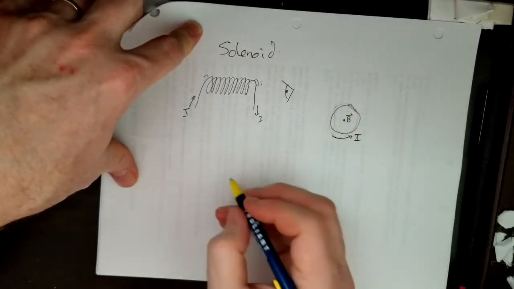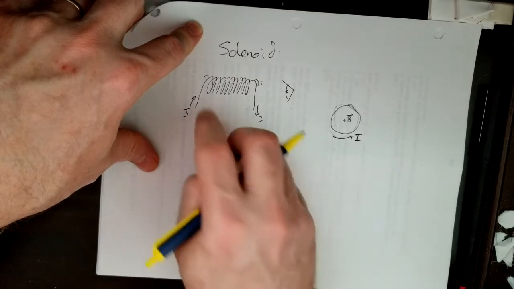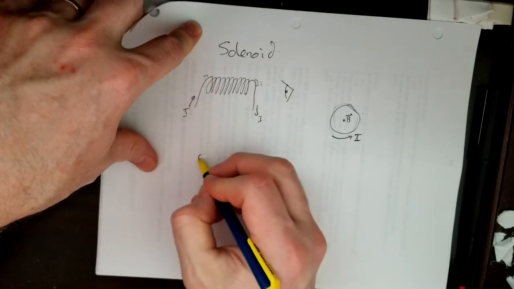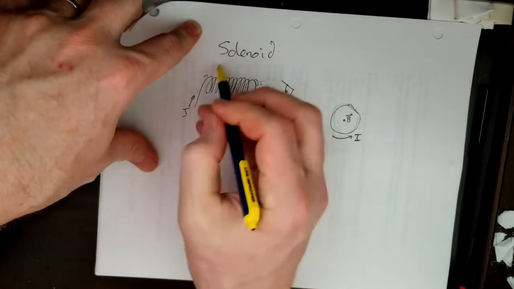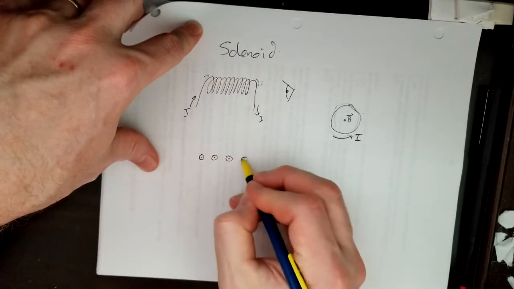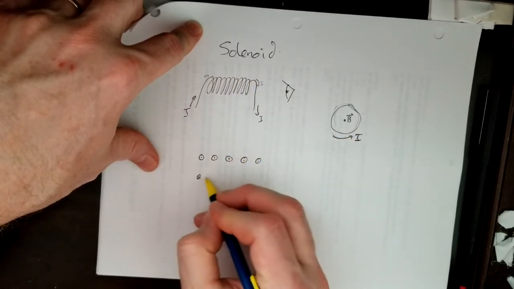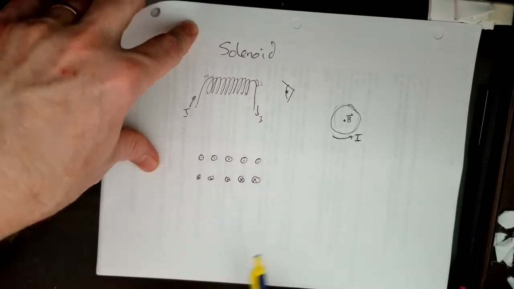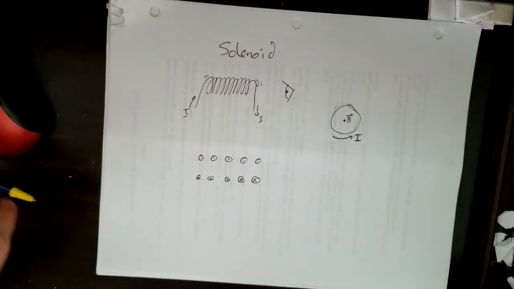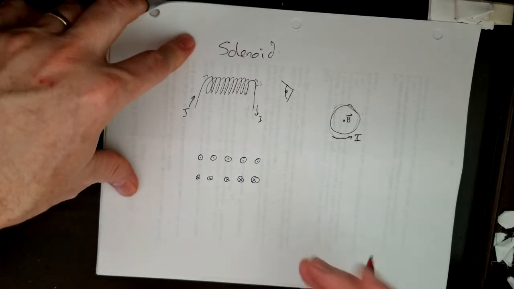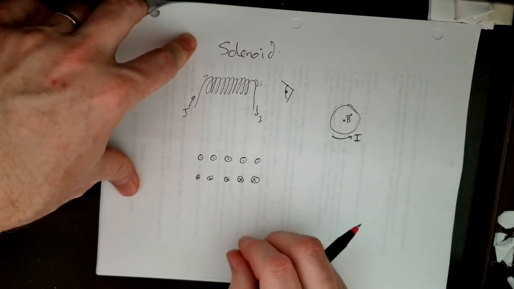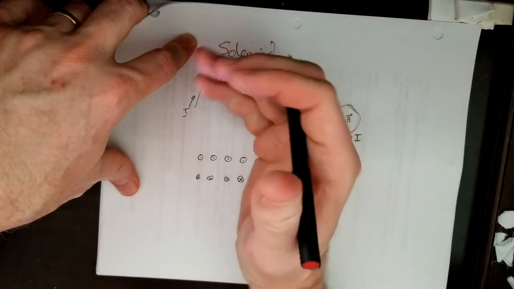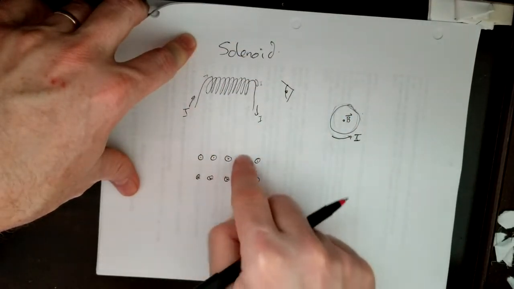A couple other things to point out: if I have a whole bunch of wire with a current coming out, I'm basically looking at a cross section here. I have current coming out on top, and on the bottom it's going in. Each one of these wires is producing a magnetic field because the current creates a magnetic field. For the wires on top, the magnetic field is going around counterclockwise.